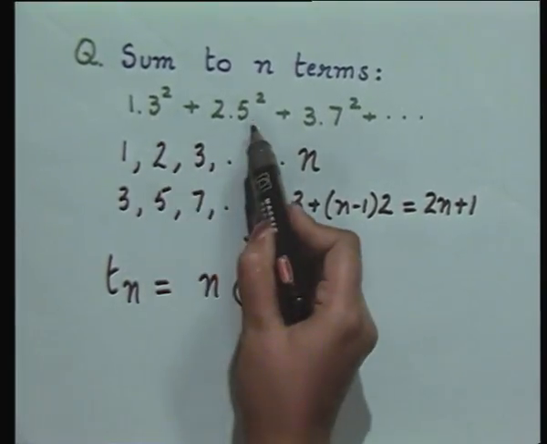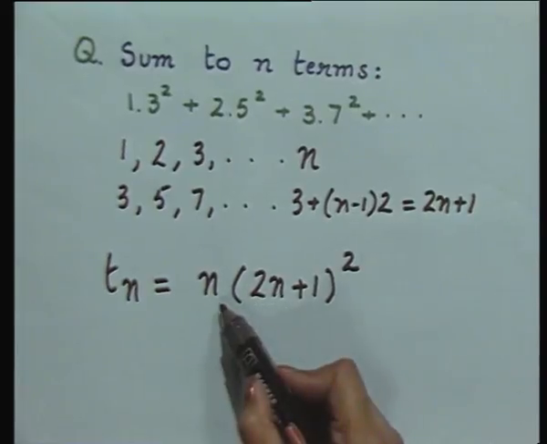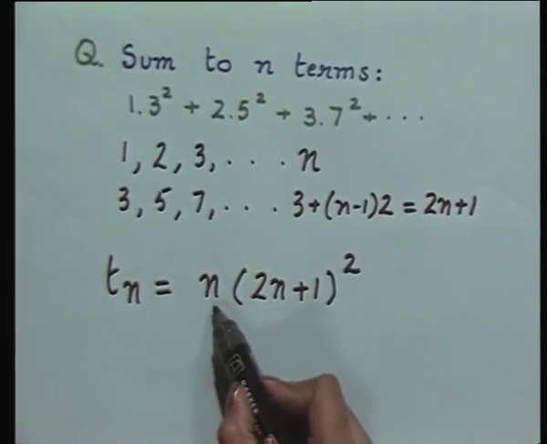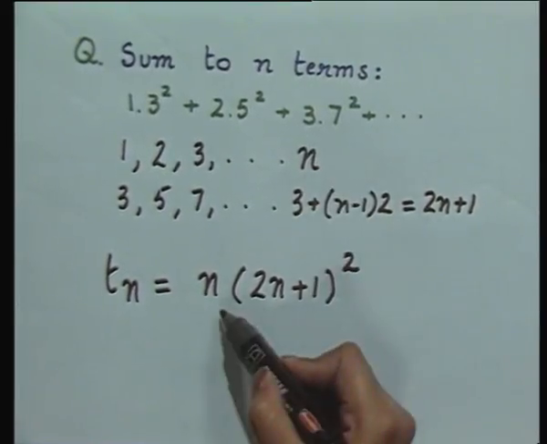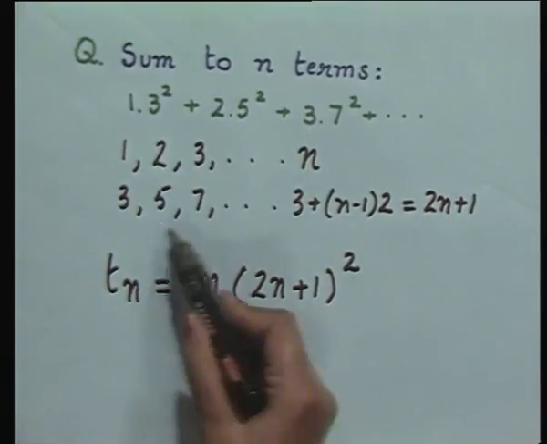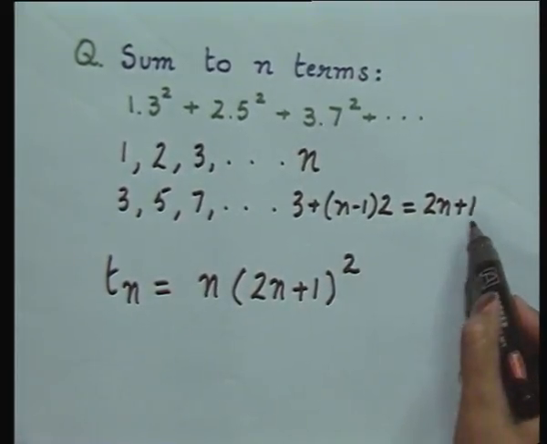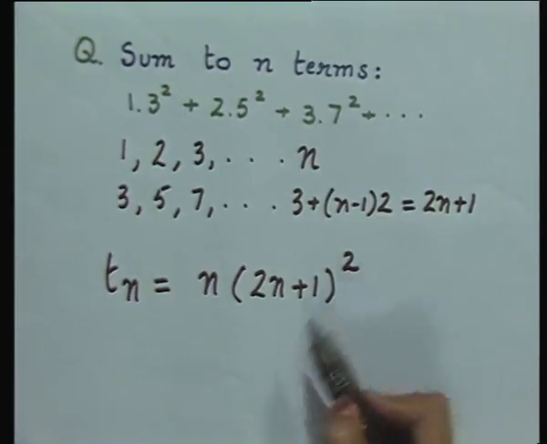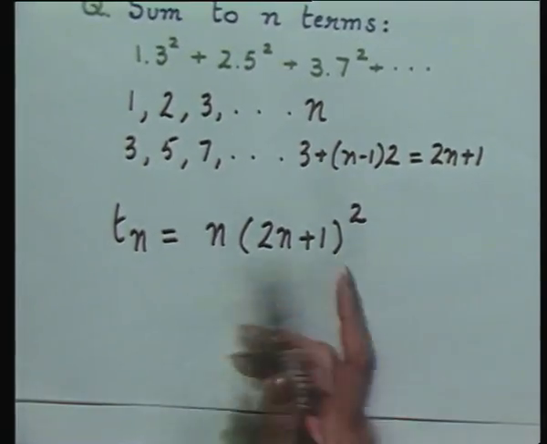As you have 3 square, 5 square, 7 square, the nth term of the given series will actually be n into the nth term of 3, 5, 7, which is 2n plus 1, and a whole square, which as you can see can be easily simplified.